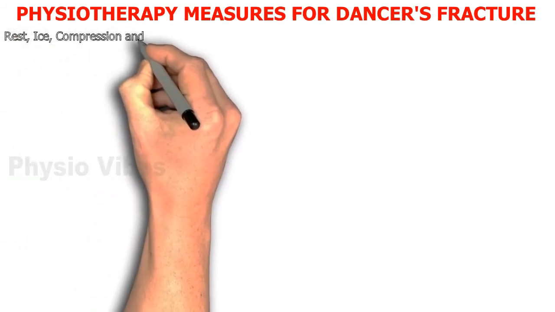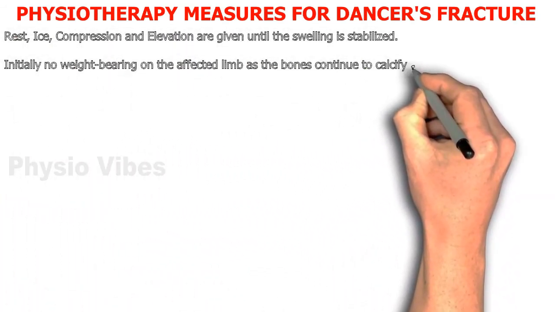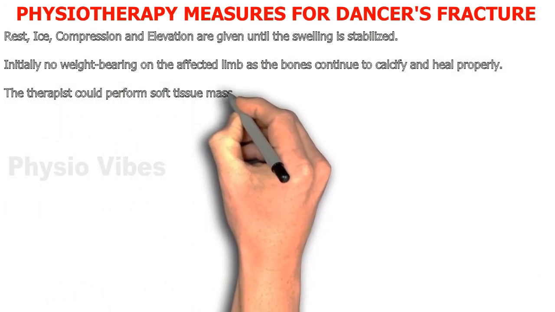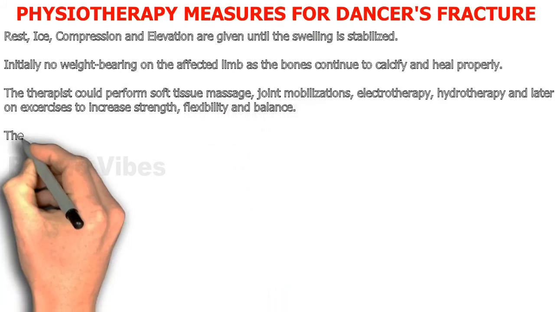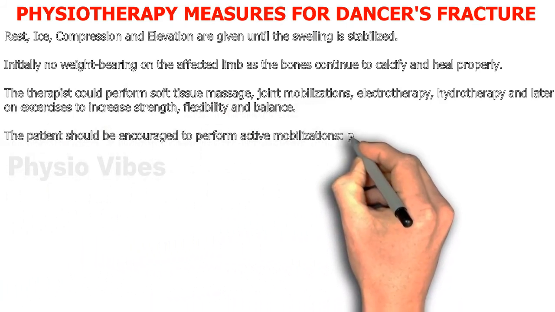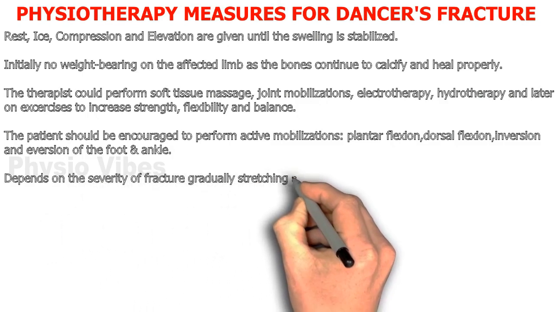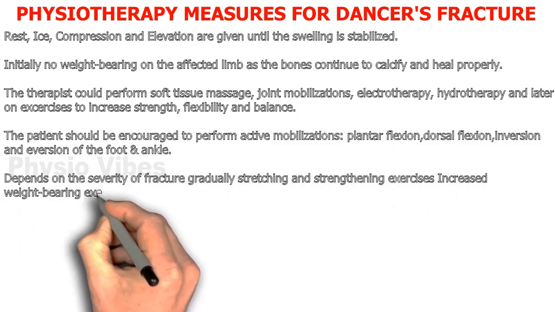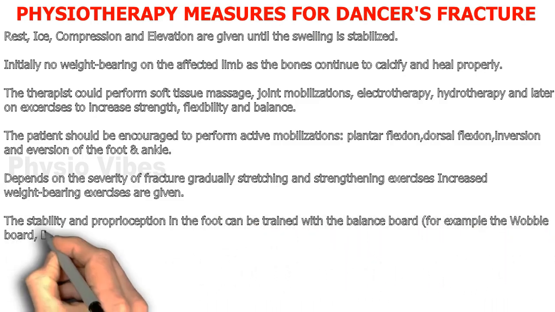Physiotherapy measures for dancer's fracture. Rest, ice, compression and elevation are given until the swelling is stabilized. Initially, no weight bearing on the affected limb, as the bones continue to calcify and heal properly. The therapist could perform soft tissue massage, joint mobilizations, electrotherapy, hydrotherapy and later on exercises to increase strength, flexibility and balance.